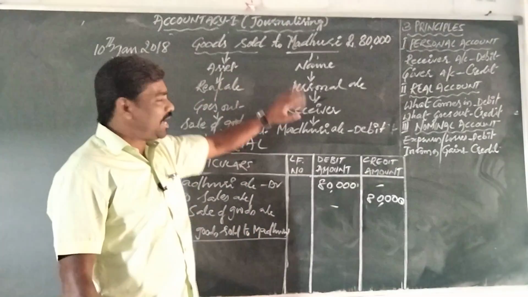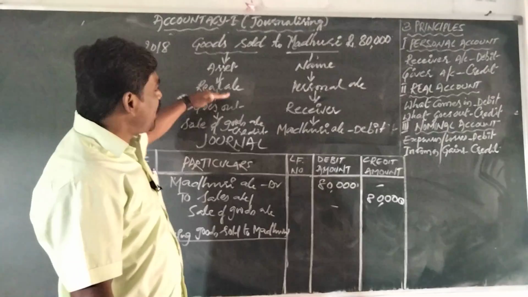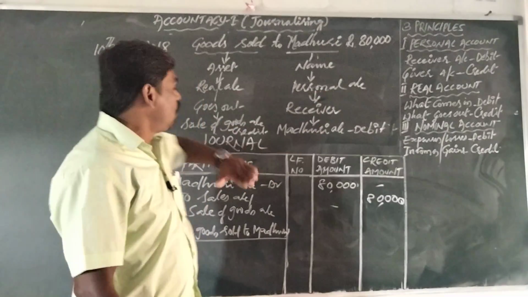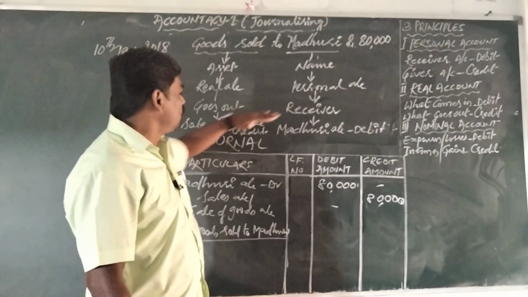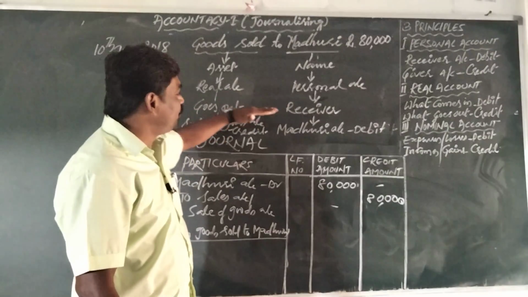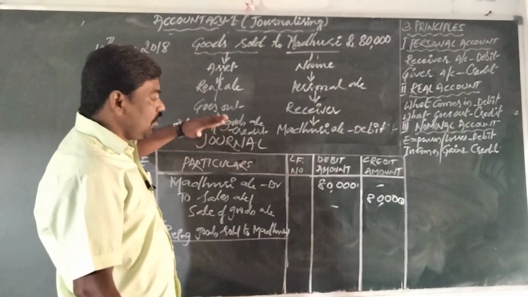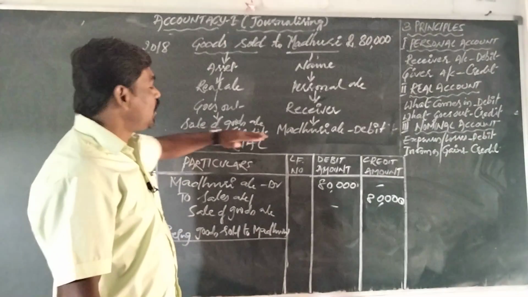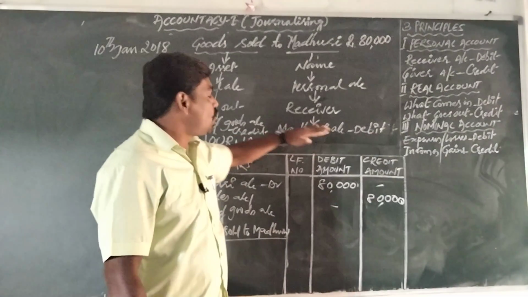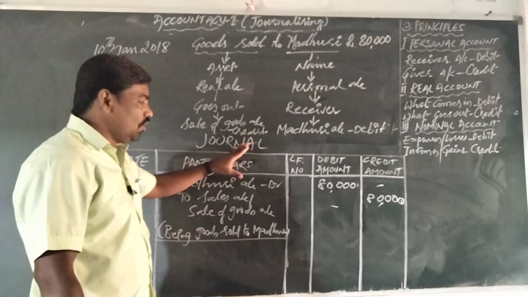After finding two aspects, you must find the related account. After finding the related account, you apply the appropriate account principle. After applying it, you will find the debit account as well as the credit account. After finding them, you can write the entry in the journal.